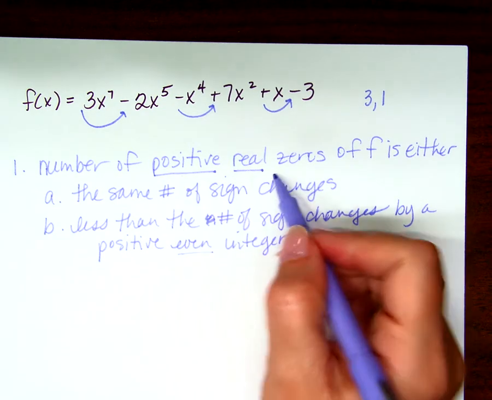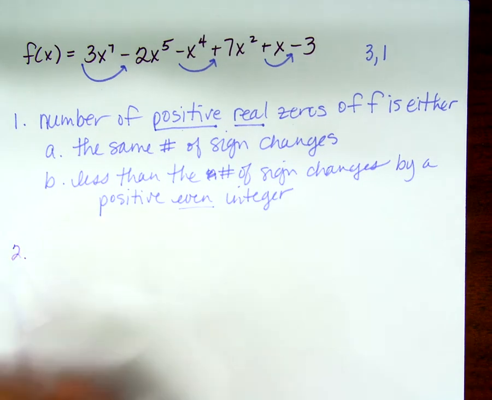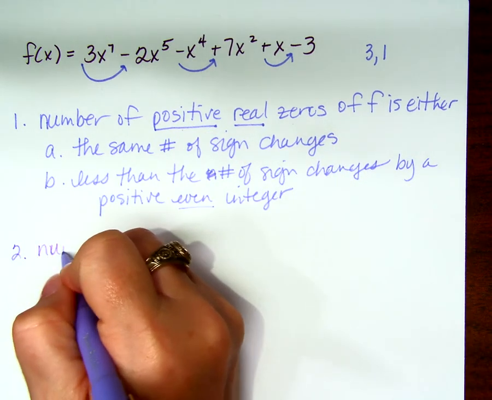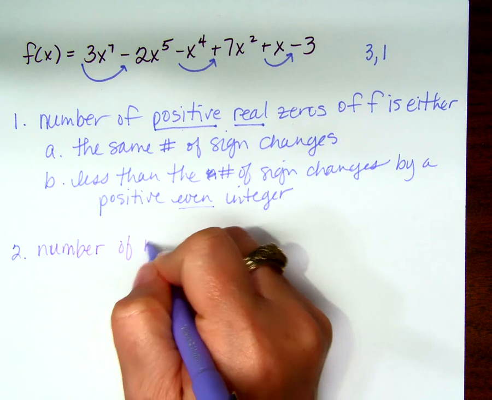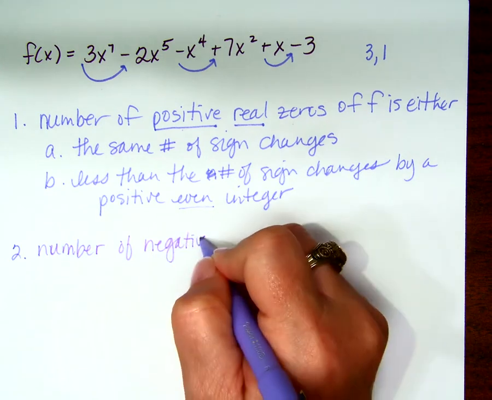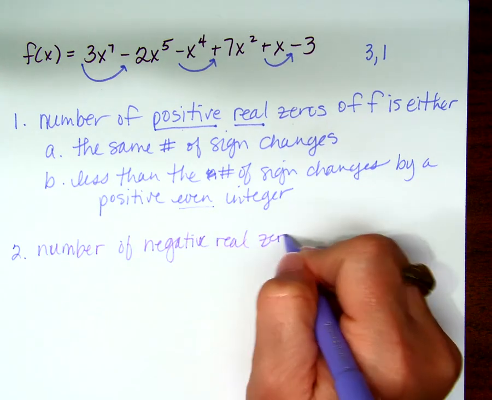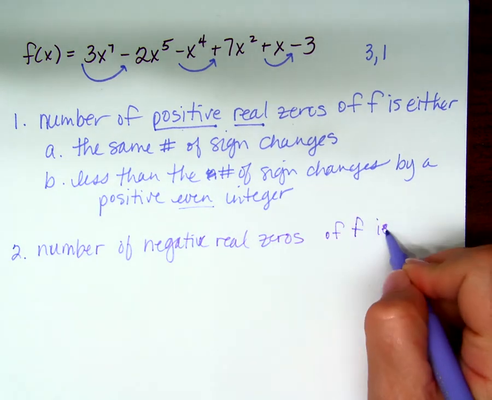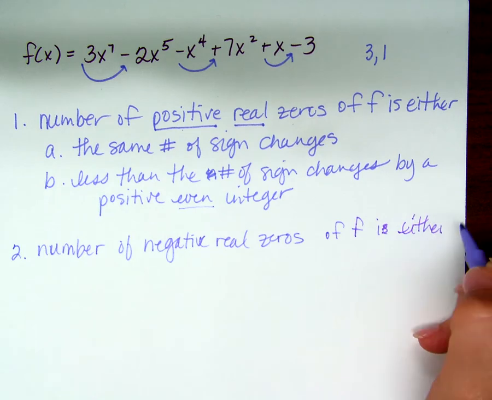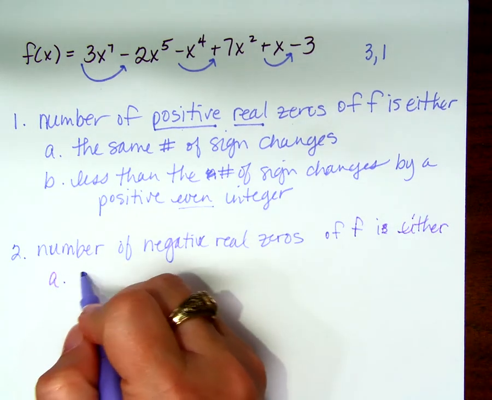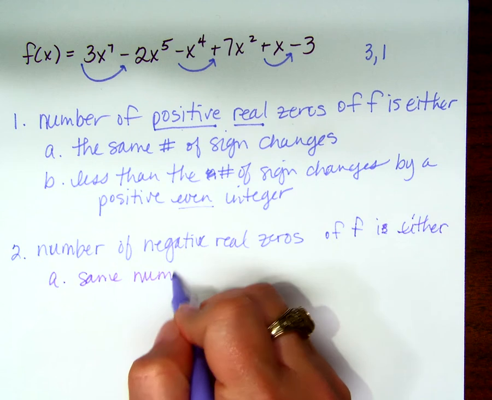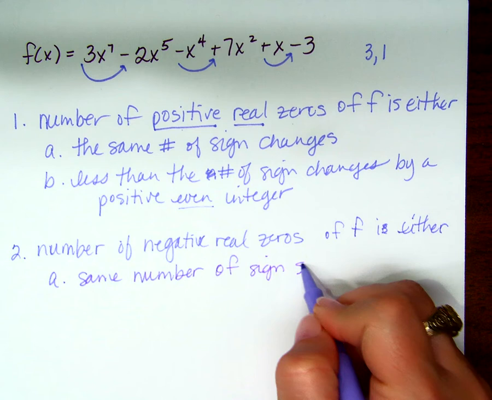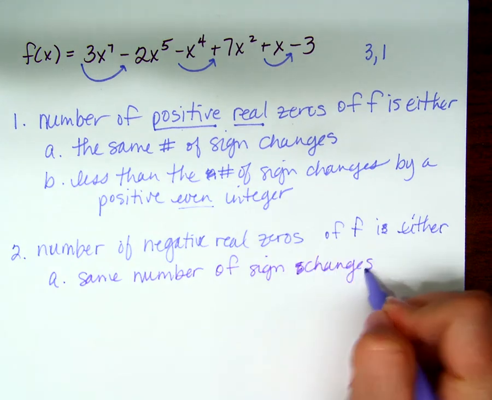Okay, so those were positive real zeros. The other possibility is that you can find the number of negative real zeros of f. It's either the same number of sign changes, but this is different.